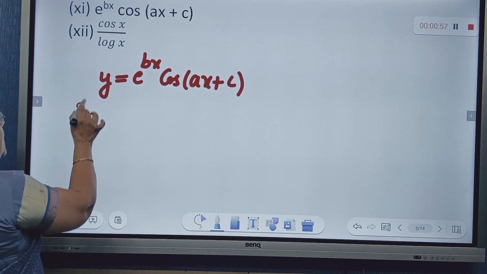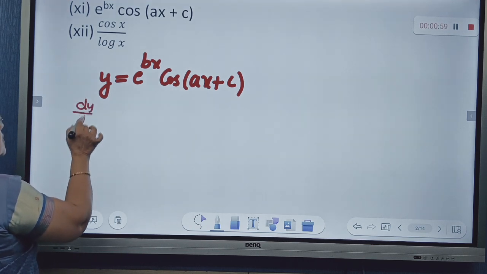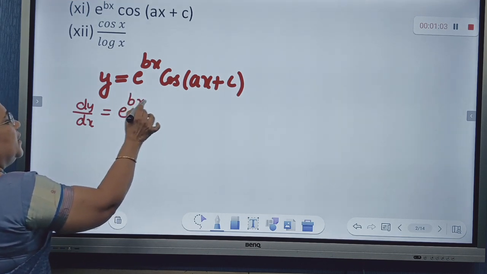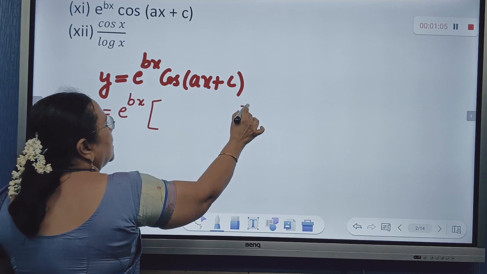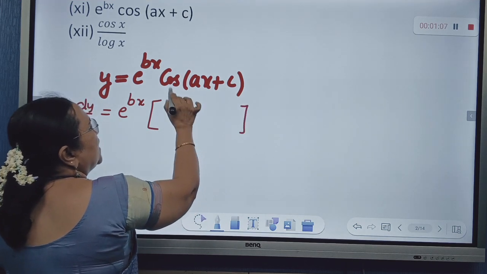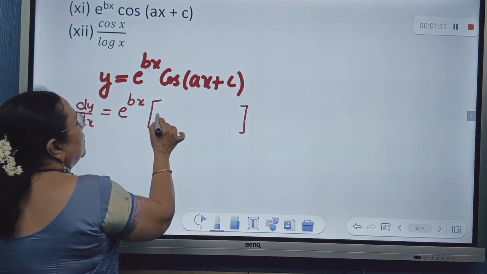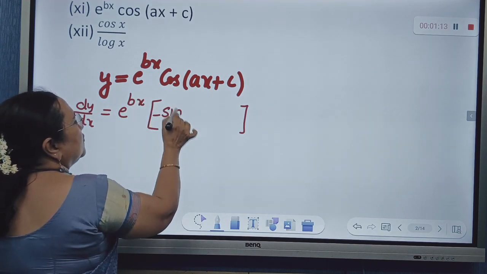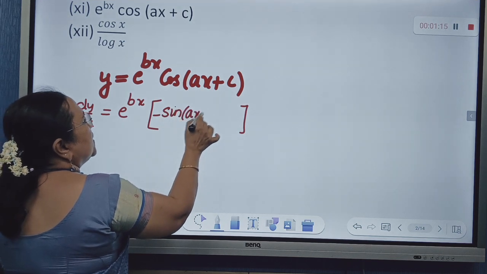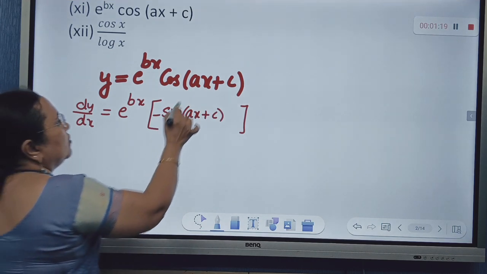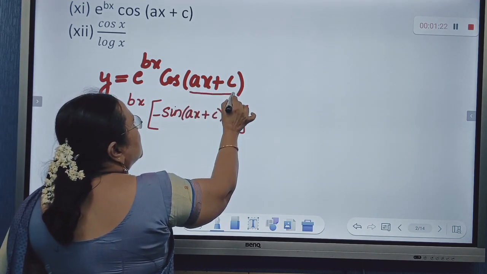So dy by dx is e power bx into derivative of this. But this is a composition of the cosine function and ax plus c. So what will be the derivative? Minus sine of ax plus c into derivative of ax plus c, which is a.